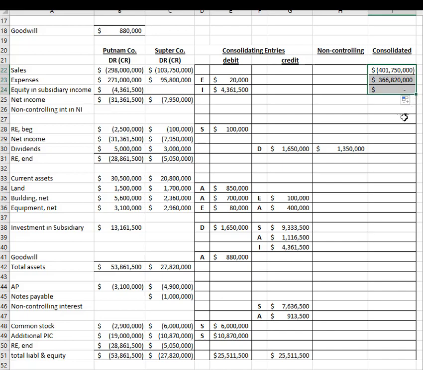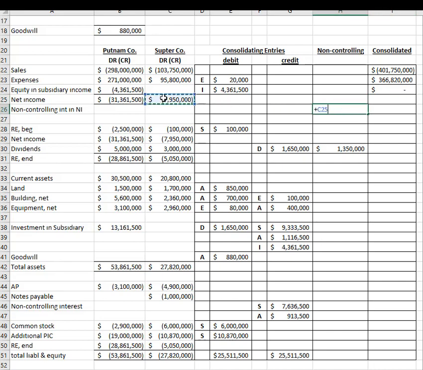So now we want to, the non-controlling interest is not a function of this cell here, because this cell here has the profits of the parent as well as the subsidiary. And the non-controlling interest doesn't have any right to the parent income.